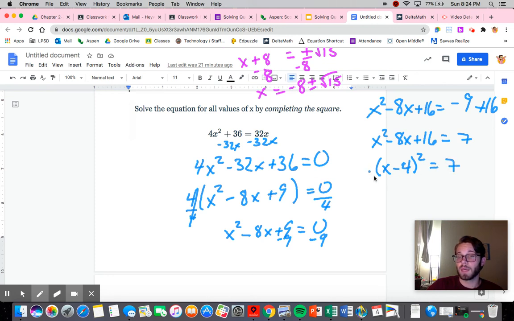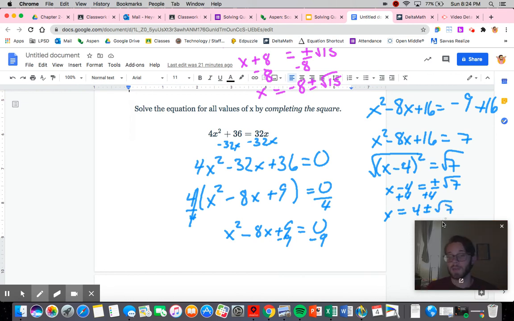Now again, we take the square root. Remember the plus or minus. So we get x minus 4 equals plus or minus the square root of 7. As we know, we can't really do anything with the square root of 7, so we're going to leave it alone. Then we just add 4 to both sides. My final answer is x equals 4 plus or minus the square root of 7.